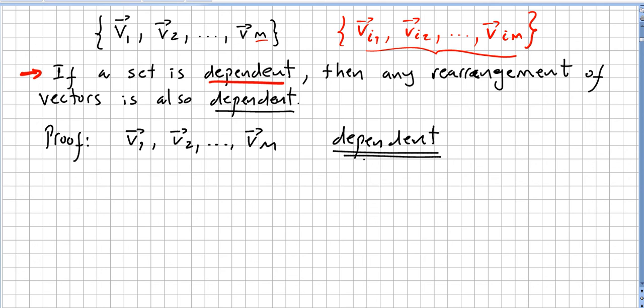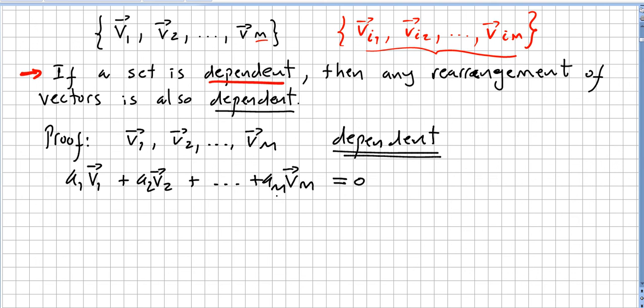If they are dependent, that means that we have a1 v1 plus a2 v2 plus, up to am vm, that will be 0, with the scalars a1, a2, etc., am.